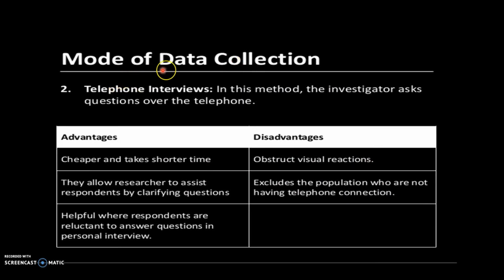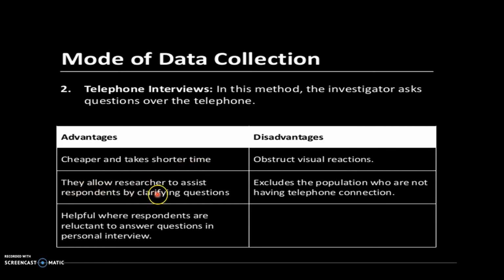The second mode of data collection is telephonic interviews. As the name indicates, in this method, the investigator asks questions over the telephone. Then what are the advantages and disadvantages of this telephonic interview? First one, cheaper and takes shorter time.